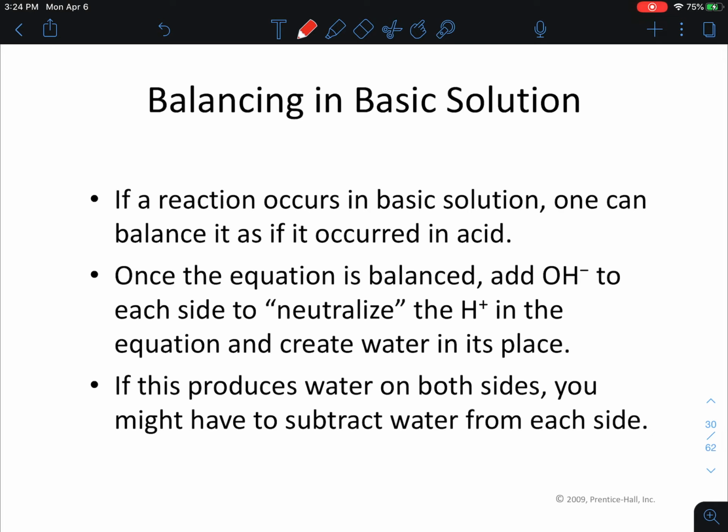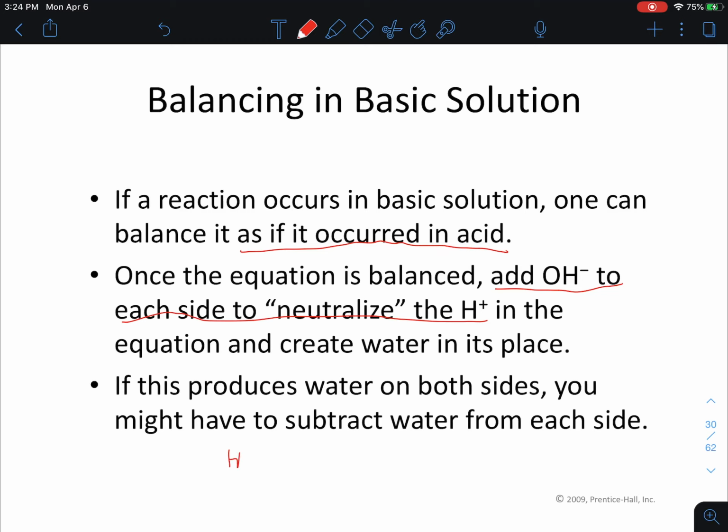There isn't really a separate strategy for balancing under basic conditions. Essentially, all you end up doing is following the protocol for balancing as if it occurred in acid. And then on paper, we flip things around by adding enough hydroxide to each side to neutralize the H+.